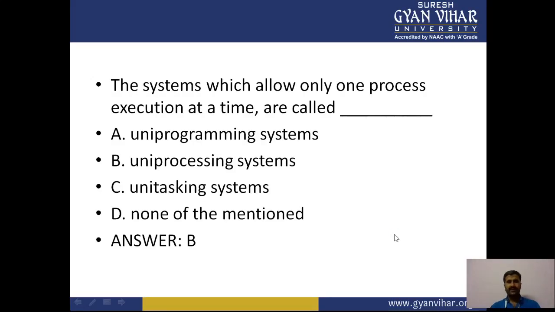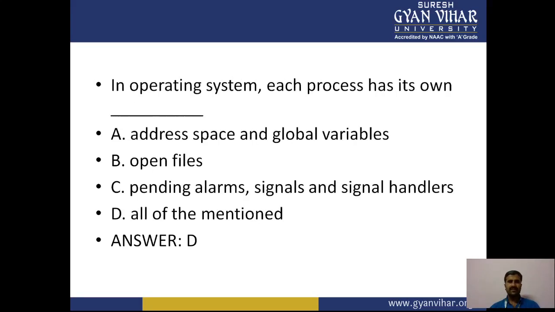Now the MCQs. The system which allows only one process execution at a time is called: uni-programming system, uni-processing system, uni-tasking system, none of them. So B is the right answer, that is the uni-processing system.